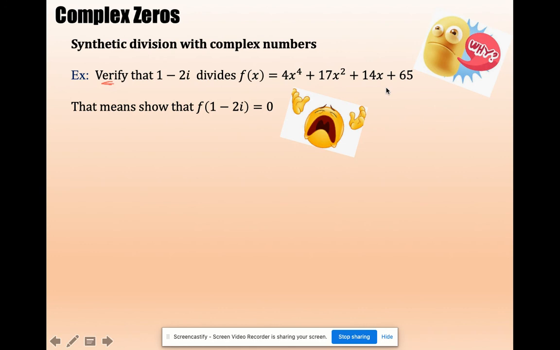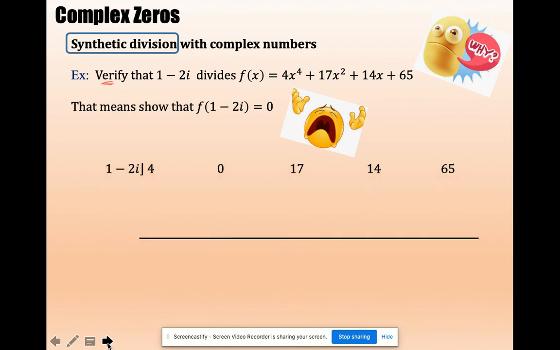And then I could do all that algebra and combine it and see that I get 0. But that would be a bit of a drag, so how about I use the fact that if I divide and get a remainder of 0, that's the same thing as plugging in to show that I get a 0, right?